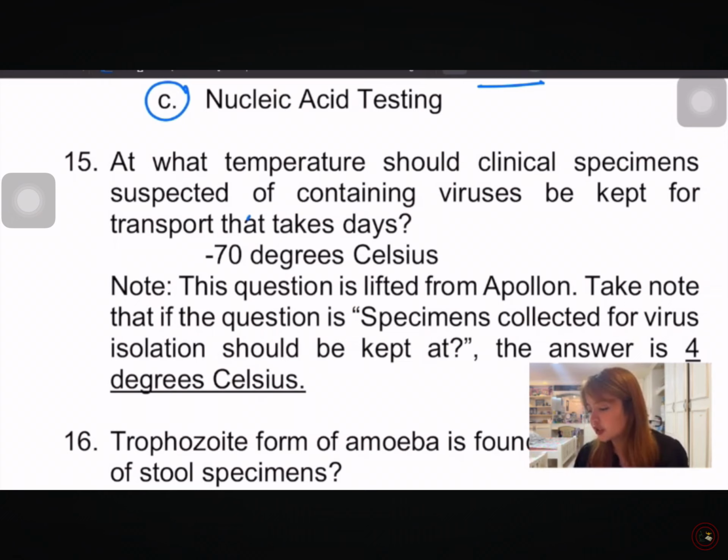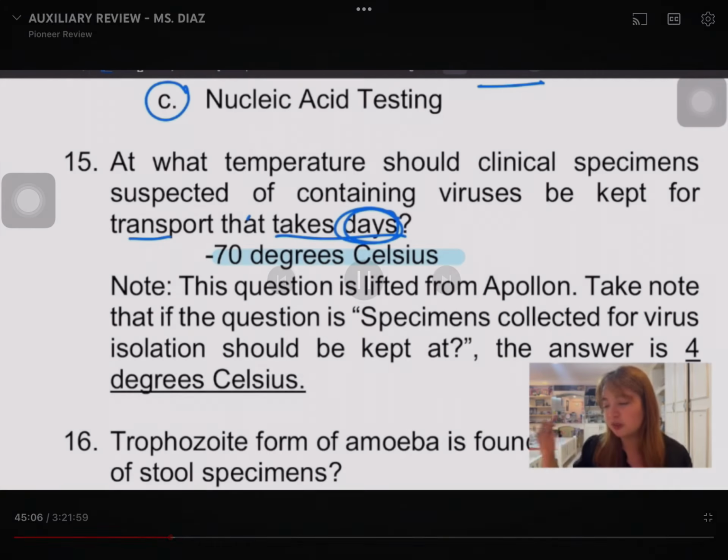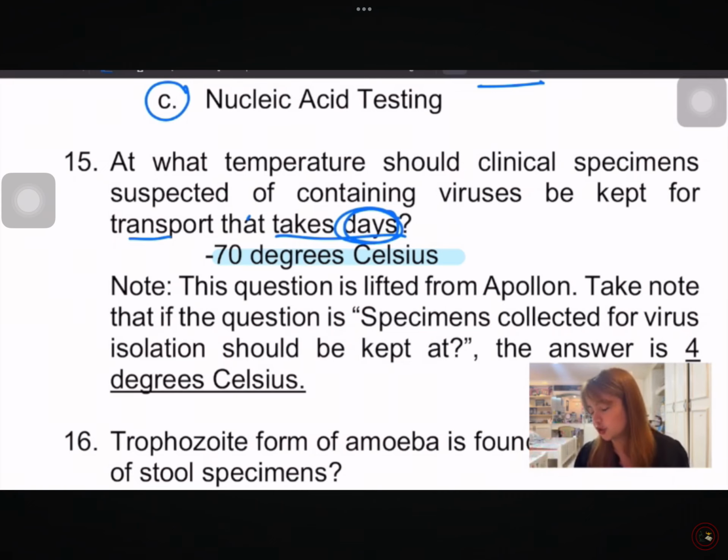The question here, you need to remember, is transport that takes days. The key term here is days, guys. And the answer here is negative 70 degrees Celsius. That's the answer in Apollon. But there is a question directly above it that also asks about temperature: specimens collected for virus isolation should be kept at.